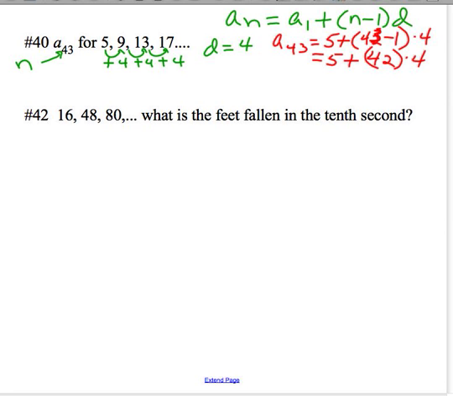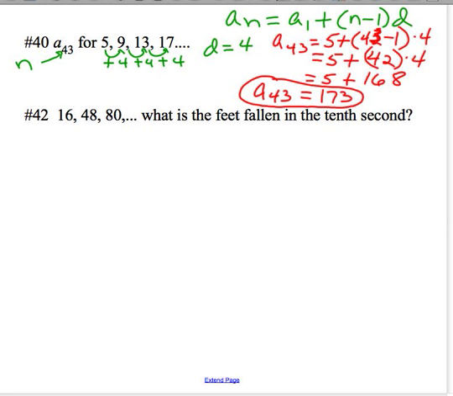I do my multiplying, and I get 168. I add 5, and I end up with the 43rd term being equal to 173.